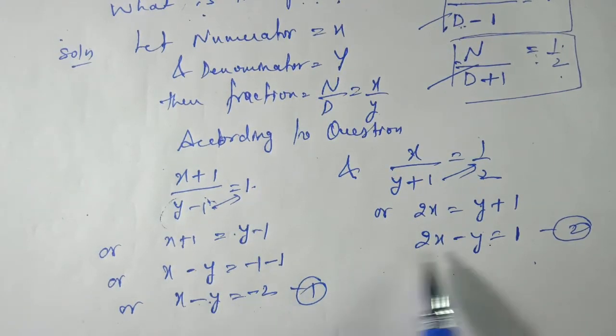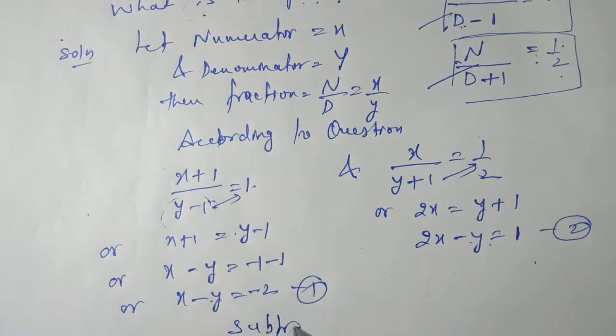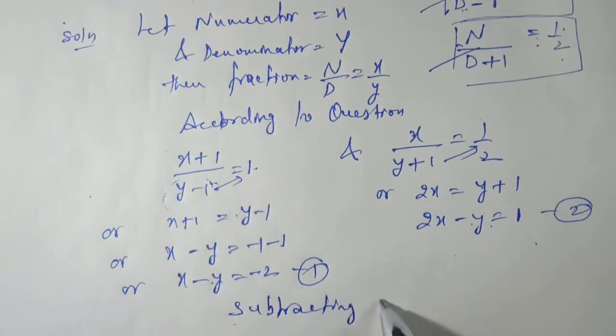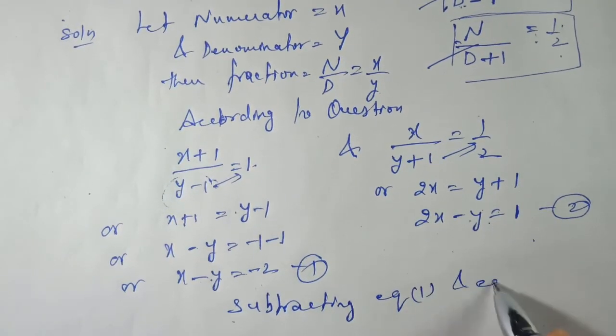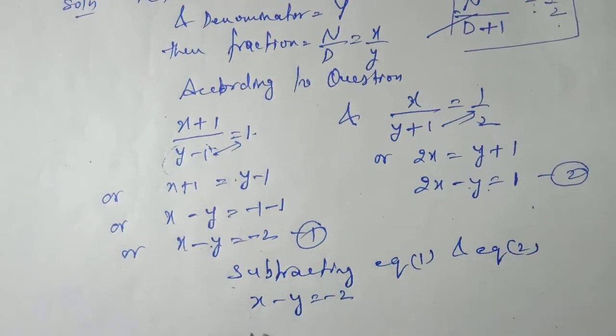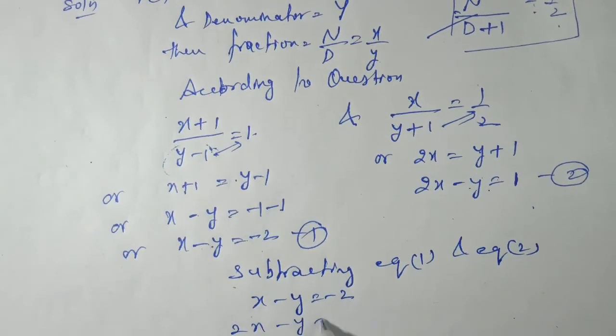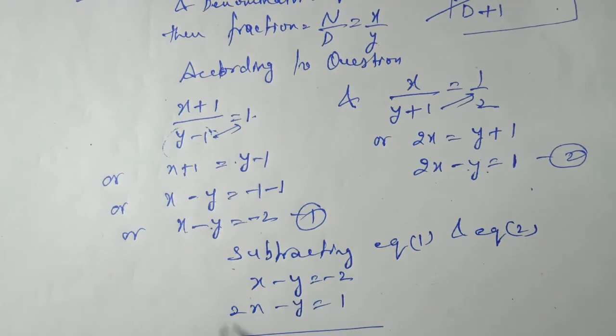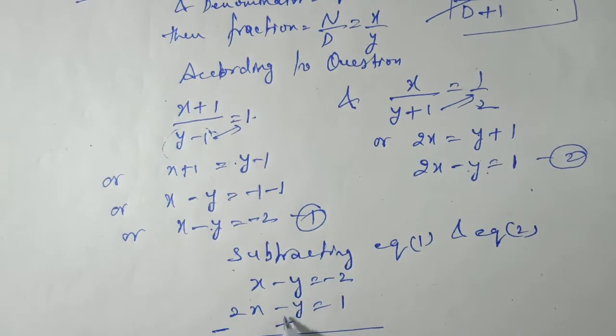Now check the sign, both have the same sign, it means we have to subtract the equations. So we'll write subtracting equation 1 and equation 2. First equation we write at the first place and second below it. Since we have to subtract, change the sign of each and every term of the second equation.